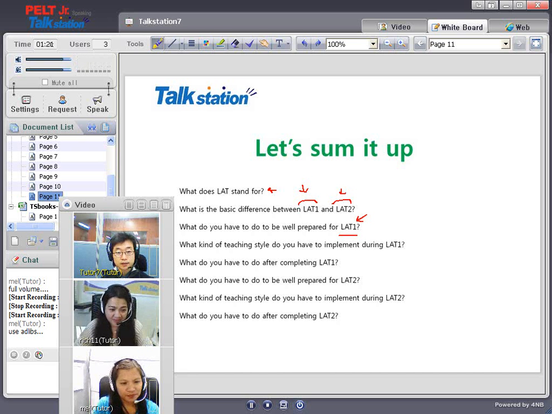And during LAT1, what kind of teaching style? A friendly style, as we already covered. Yes, sir. A tutor must possess a very good first impression. Exactly. Okay. And after completing LAT1, the tutor needs to fill in the information regarding what?